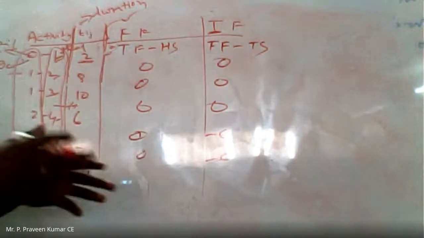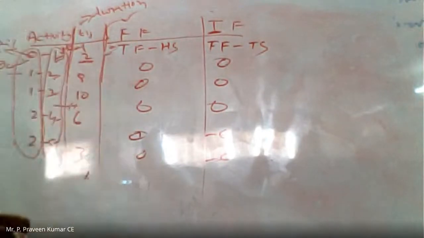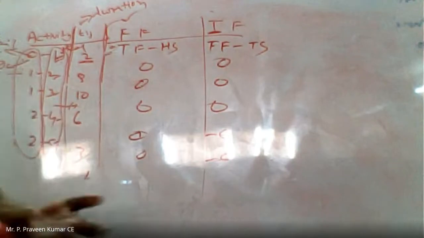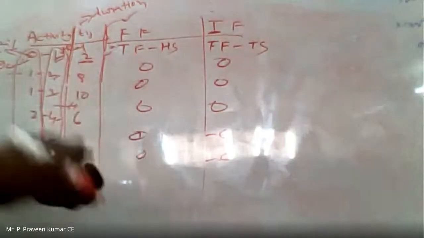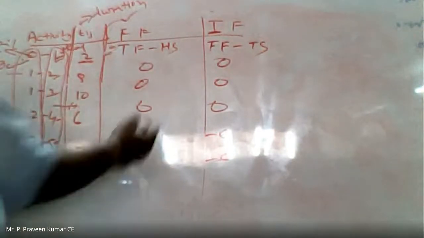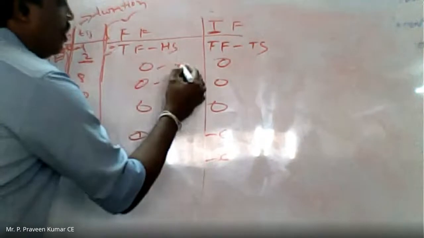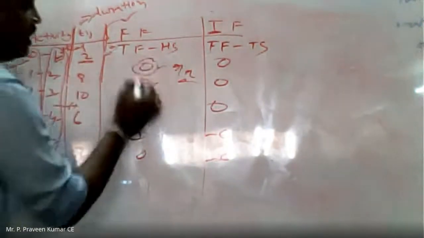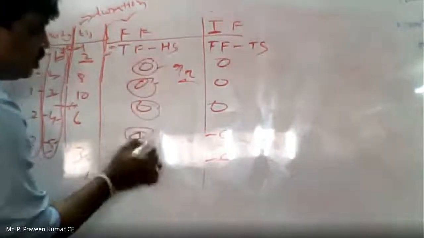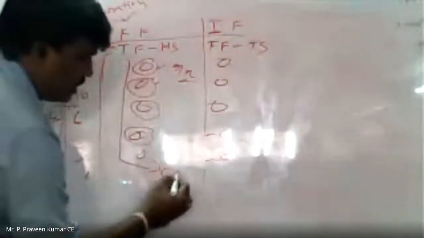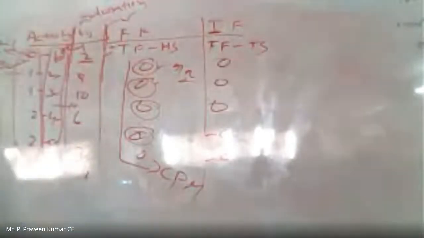For each activity, we need to calculate the duration time separately. There will be some small works for which we are not going to consider the time resources. At that time, the duration time is 0. Whenever we get all zeros, this path will be named the critical path method.